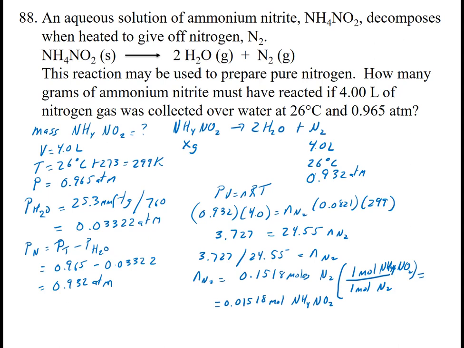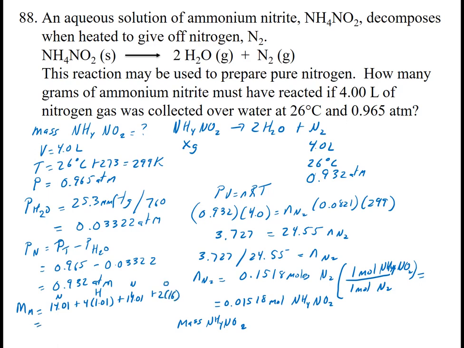Then to find the mass of NH4NO2, of course I need the molar mass. So the molar mass is going to be 14.01, that's nitrogen, plus 4 times 1.01, that's the hydrogen, plus another 14.01 for nitrogen, plus 2 times 16, which is oxygen.